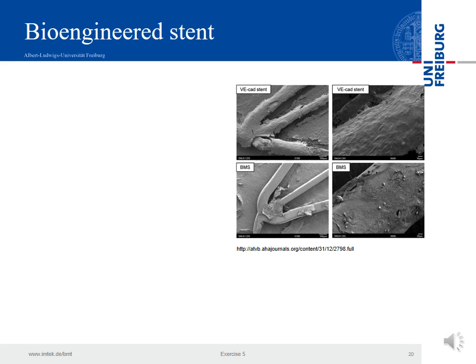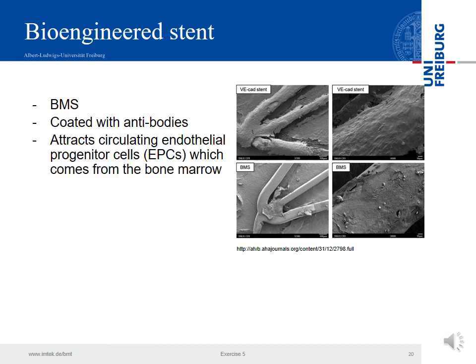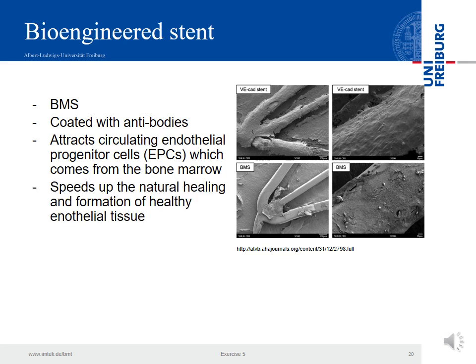Another one, these are the latest ones, are bioengineered stents, for example, coated with antibodies, where certain cells are attracted, for example, endothelial progenitor cells, which are coming from the bone marrow, and they grow over it, and the stent is somehow hidden then under the desired layer of cells.